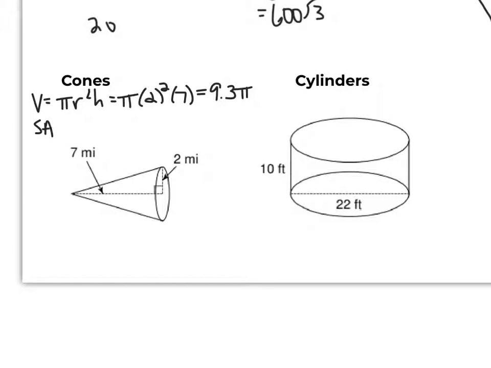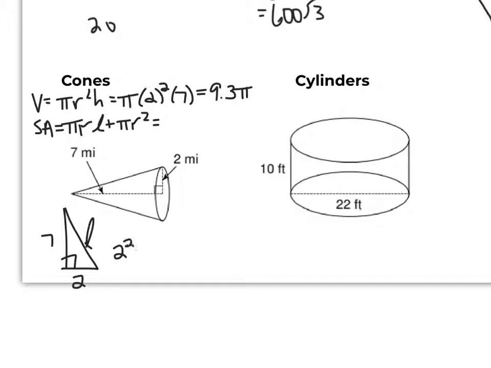Surface area, I need pi r L plus pi r squared. So I need my slant height for this. So I'm going to draw a right triangle. We have a radius of 2, height of 7. I need my slant height. So I'm going to do 2 squared plus 7 squared equals slant height squared. And my slant height ends up being about 7.3.